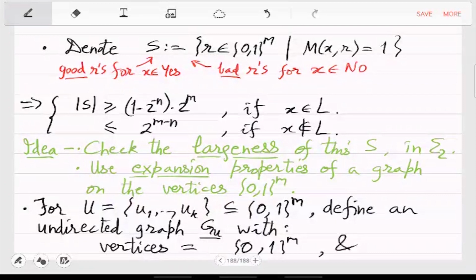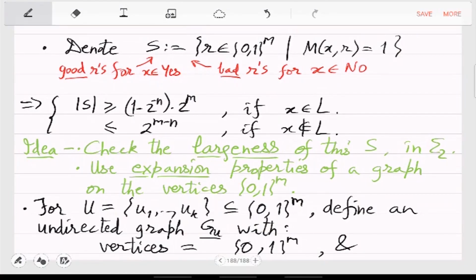So what are the edges? That's trickier. The edges will basically be if from a vertex somehow u1 can take you to another vertex using bitwise addition. Okay, so this set U will guide you where to go from a vertex.